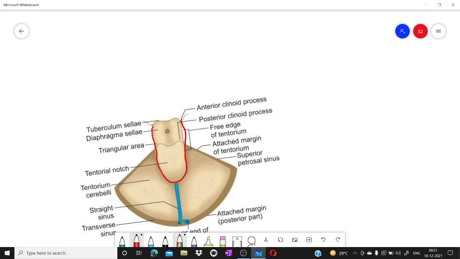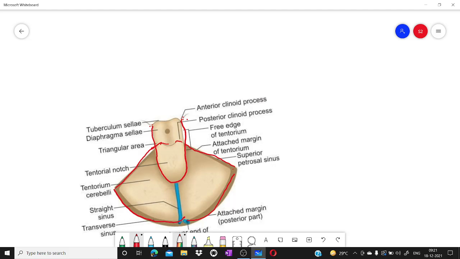The ends of the U are attached to the anterior clinoid process on either side. Okay, so this is the attached part. The attached part goes like this. It is attached on either side to the transverse sulcus on the occipital bone, and it is attached to the superior part of the petrous temporal bone like this, and also to the posterior clinoid process.